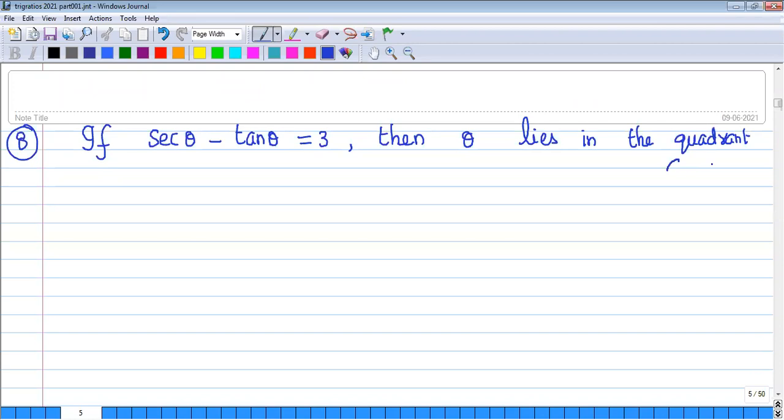That means in which quadrant does theta lie? That is the question. First quadrant, second quadrant, third quadrant, fourth quadrant.